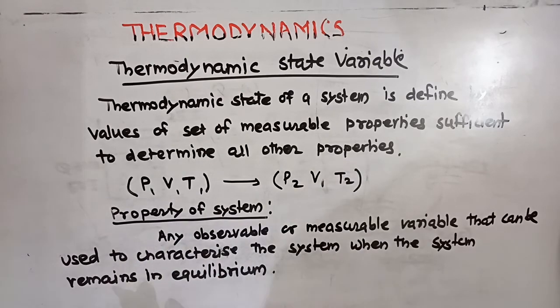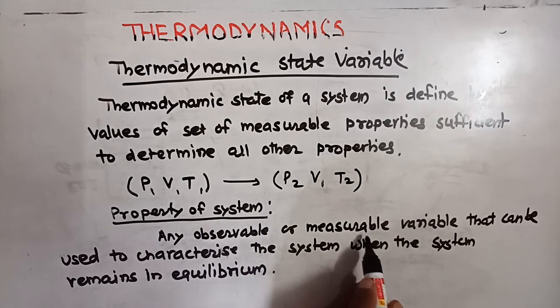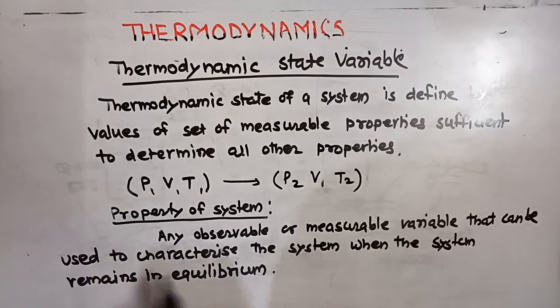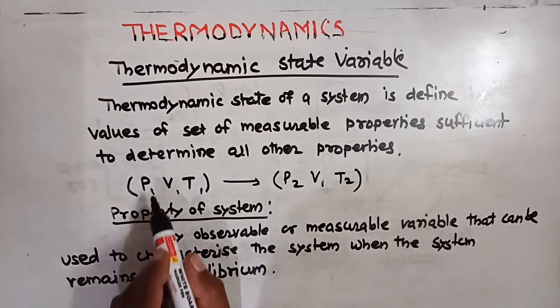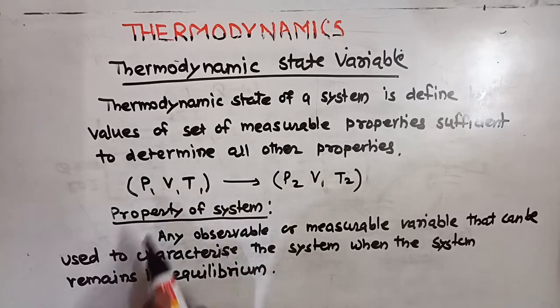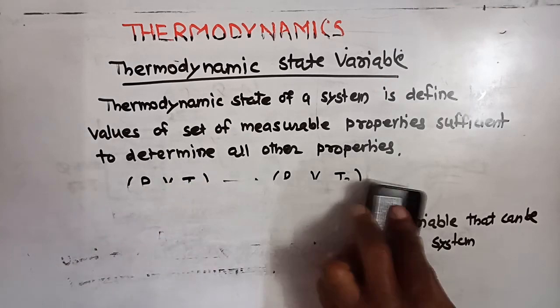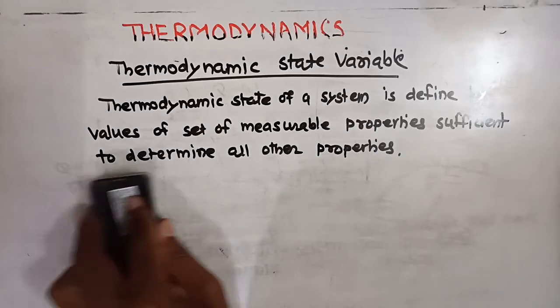So this is the property of a system: any observable or measurable variable that can be used to characterize the system when it remains in equilibrium. These are pressure, volume, temperature, density, etc.